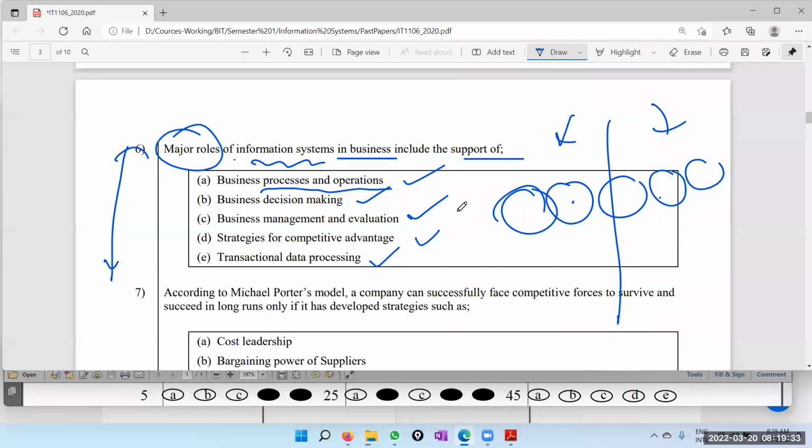So major roles, then how do they decide major roles, minor roles? Strategies for competitive advantage, business management and evaluation, business decision making, transaction data processing. I have no clue. Maybe a particular book may have categorized it one way, another book will categorize it in another way, another person will categorize it in another way, right?